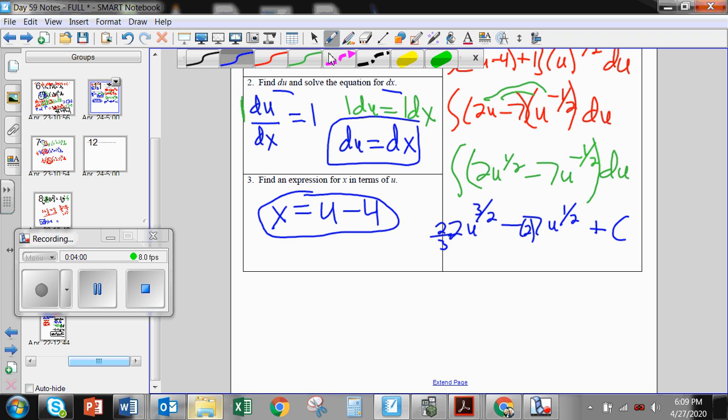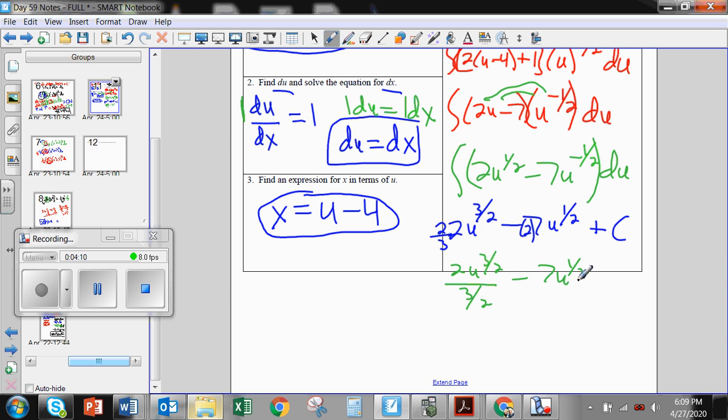Okay, so if you wanted to write that one as a fraction, it would be 2u to the 3 halves divided by 3 halves minus 7u to the 1 half divided by 1 half. Oh, that's supposed to be 1 half. And then plus c. Those are the same things.